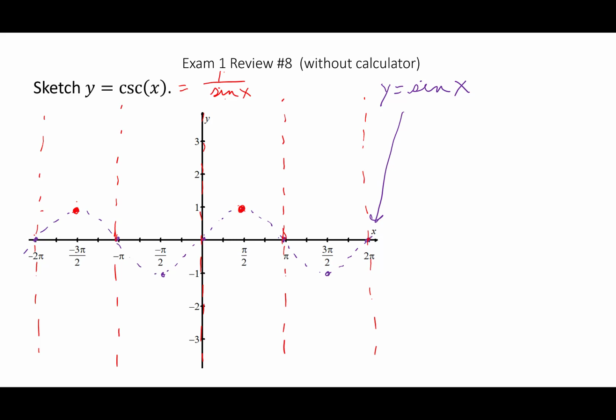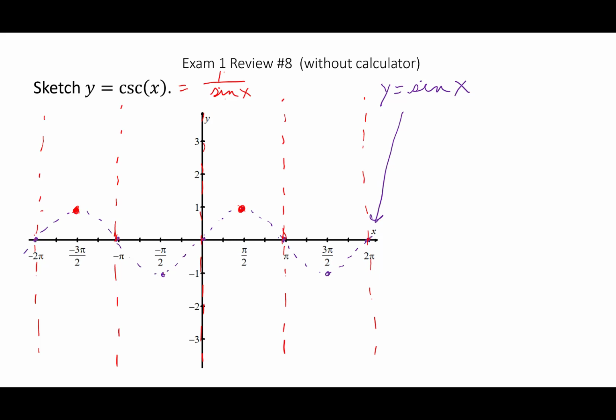And this would work as well if you had a transformation of the cosecant function. You could go ahead and graph that transformation of the sine function, and then you could put your vertical asymptotes wherever your sine graph met the midline, and wherever you have a high point on the sine graph, you would also have that point on the cosecant graph.